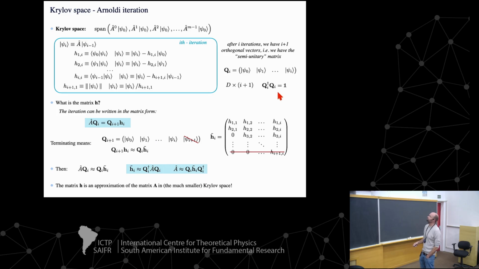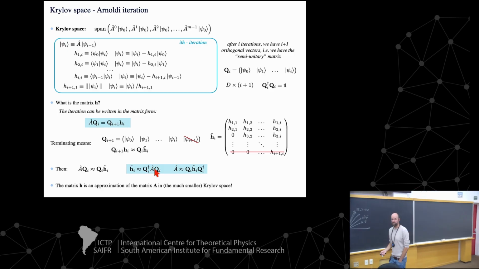But I know that Q was this unitary matrix, so I can multiply this Q from the left side or from the right side to this equation, and then I see that this matrix H tilde, just the matrix with these numbers here, is actually already the matrix A projected to the Krylov space.